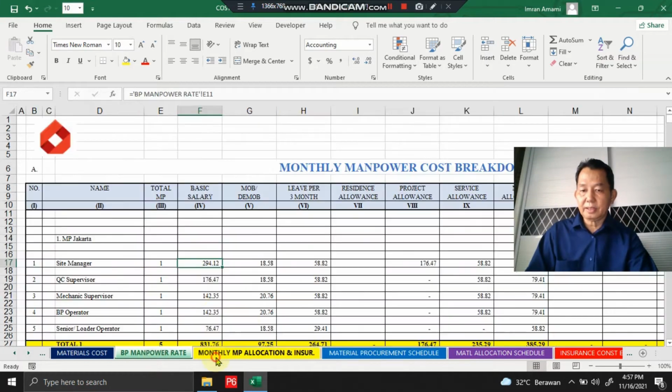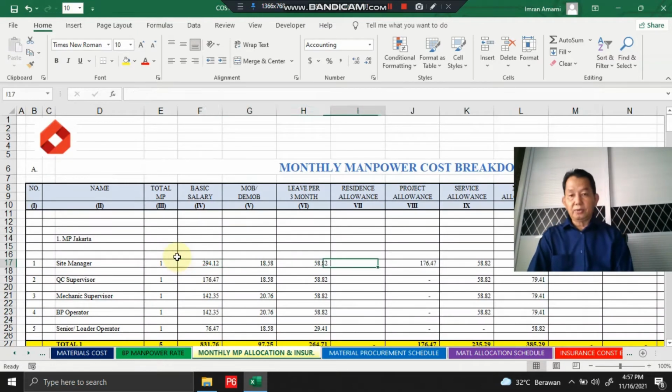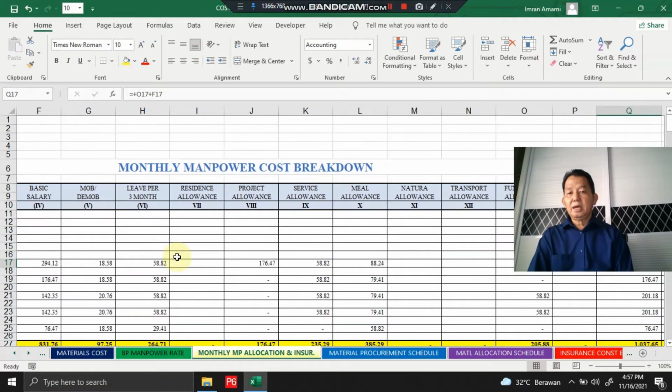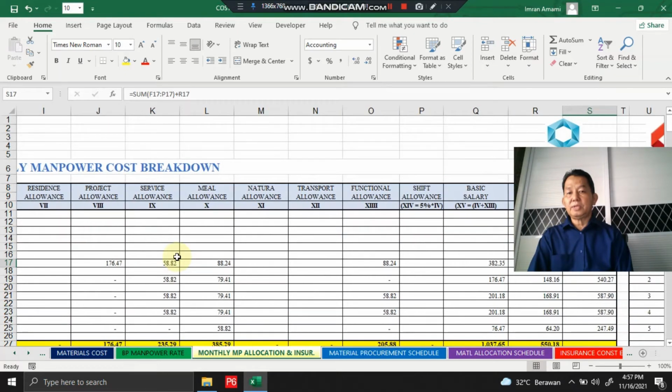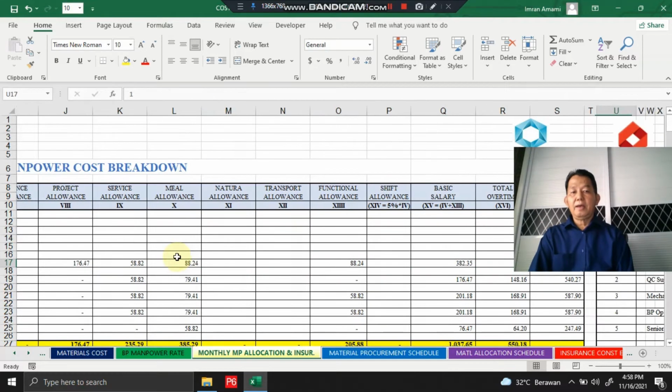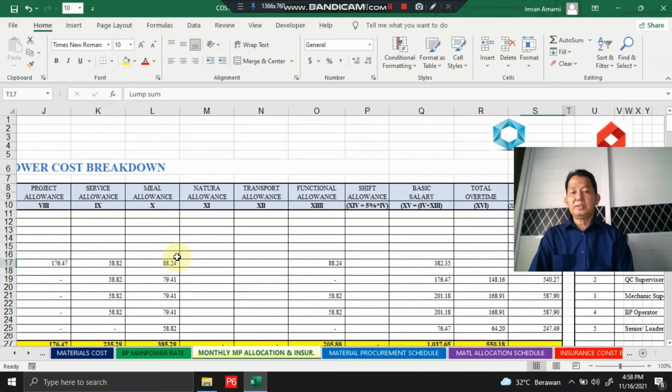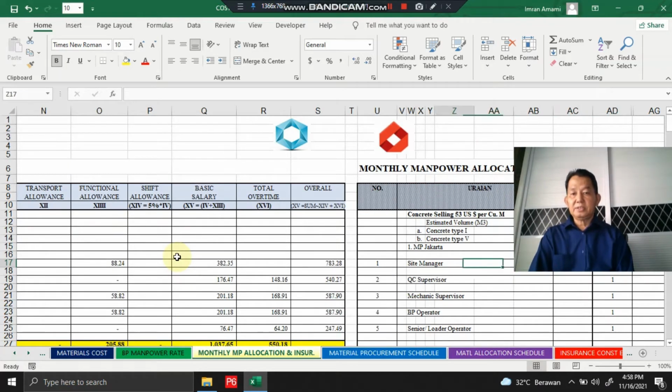Okay, and then we calculate mob demob cost, leave for 3 months, resident allowance, project allowance, service allowance, meal allowance, nature allowance, transport allowance, functional allowance, ship allowance. This is the total basic salary. Yes, this is the estimated total overtime, and this is the overall cost for each personnel.